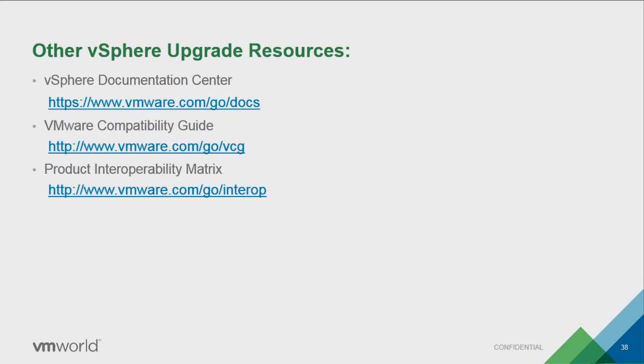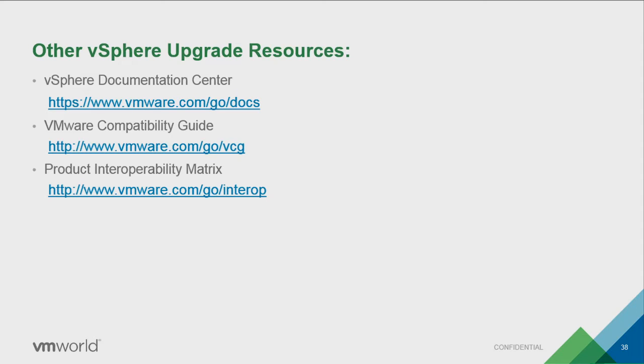Other resources we have, definitely check out the Documentation Center. I know it's hard to read docs. I know we all hate doing it, and we all say we do, but I mean, really, do we? But this is a time that it's really important, being the base foundation of your vSphere infrastructure. It's a time that you should at least go through and look at the highlights. The compatibility guide, please look at that before you try and start upgrading.